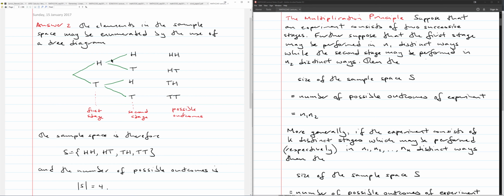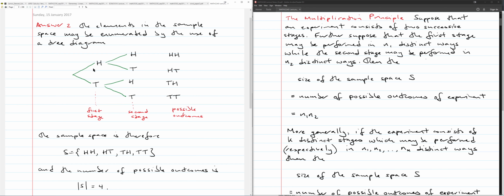The number of outcomes for your second stage doesn't depend on the outcomes from your first stage. If it's a head, you're still going to have 2 possible outcomes for your second stage, or if it's a tail from your first stage, you're going to have 2 possible outcomes here. So the number of lines coming here is 2, and the number of lines over here is 2. It's not 2 over here and 3 over here. Anyway, in this case n1 is 2.